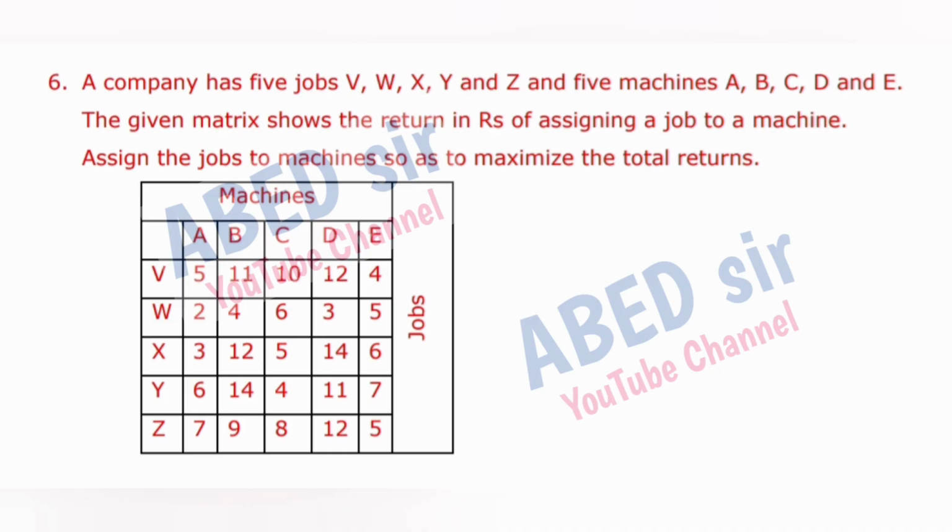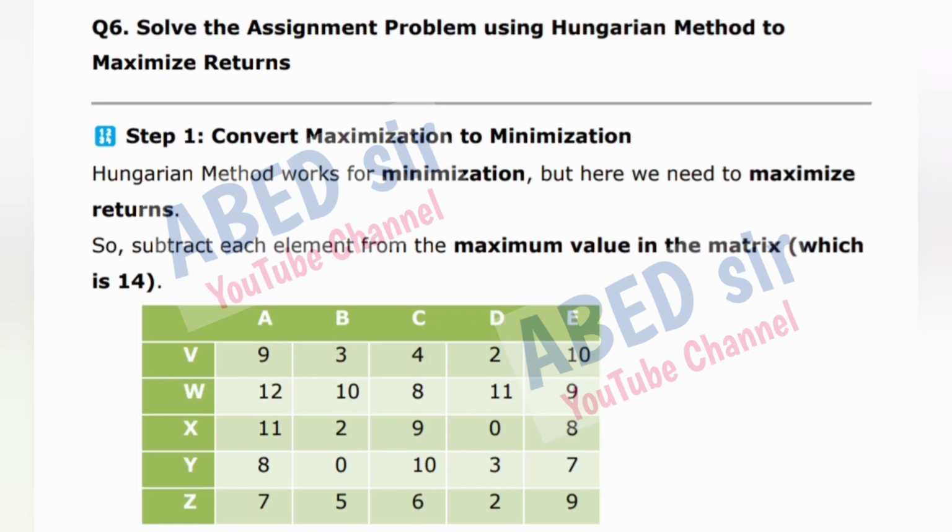Machines A, B, C, D, E. V: 5, 11, 10, 12, 4. W: 2, 4, 6, 3, 5. X: 3, 12, 5, 14, 6. Y: 6, 14, 4, 11, 7. Z: 7, 9, 8, 12, 5. Solve the assignment problem using Hungarian method to maximize returns.